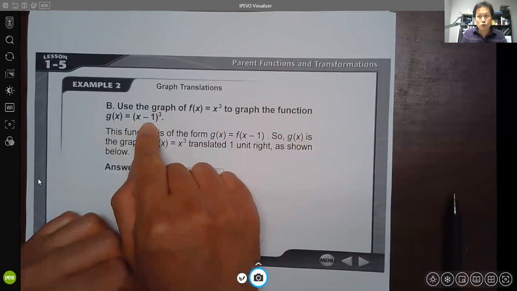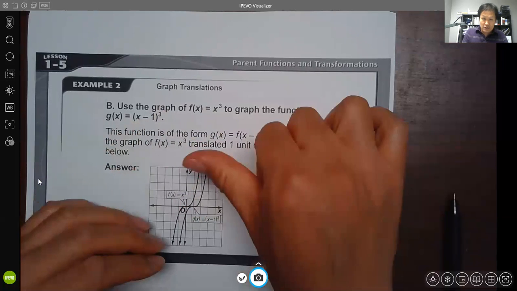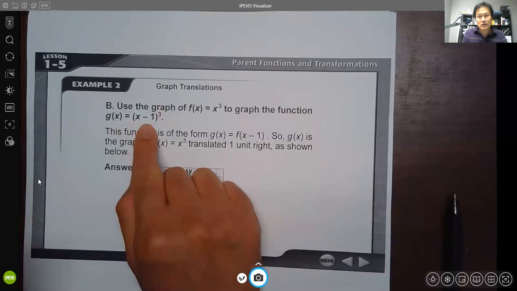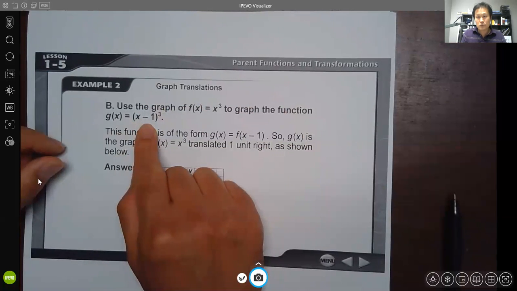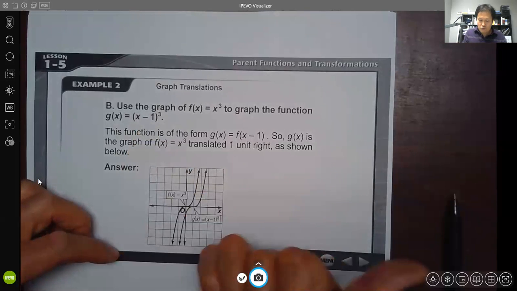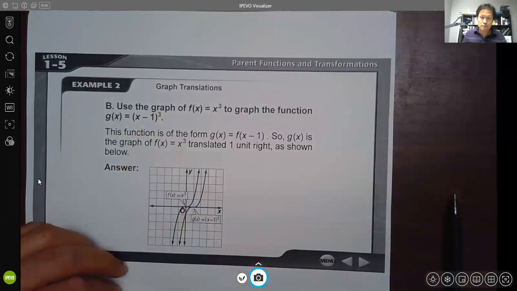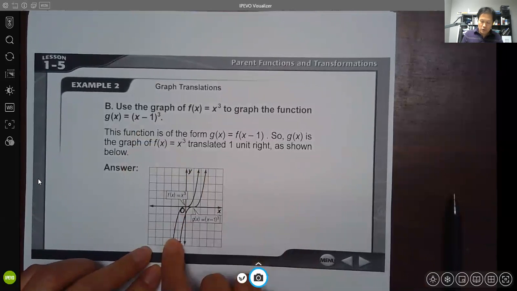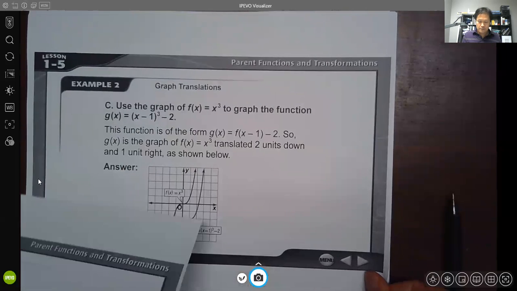Minus 1, where do we go? X-axis, direction of minus is left. So you are tempted to say, yeah, you should go left by 1. Do you remember? X is a weirdo. You gotta go the opposite direction. You gotta go right by 1. So that's the original. That's the transformed graph.